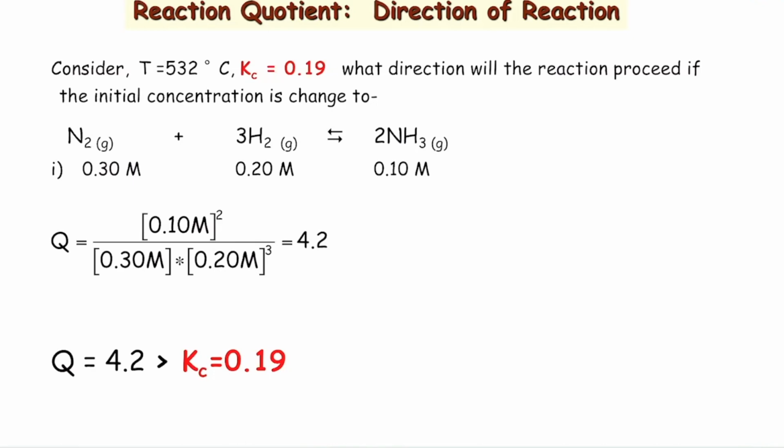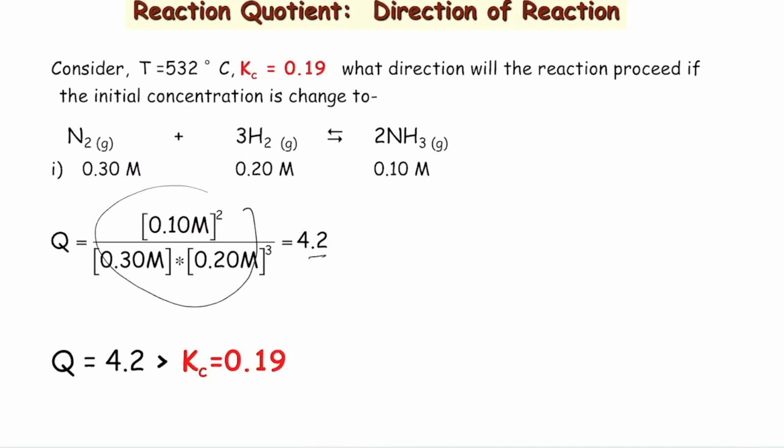So Q has to get smaller. In order for that ratio, products over reactants, to get smaller, the products have to get lower and the reactants have to get bigger. That's what we mean by Q getting smaller based on the math.